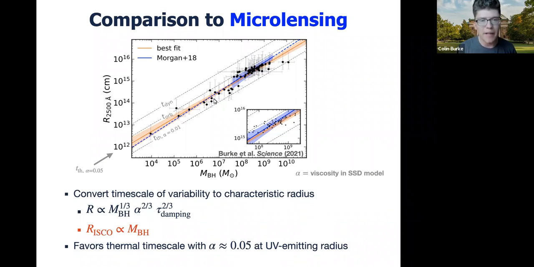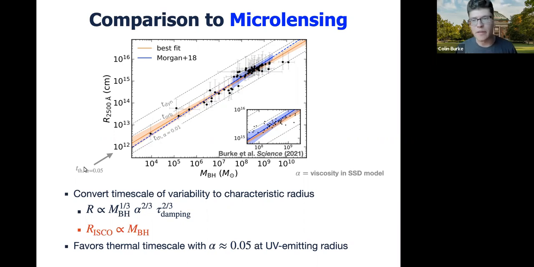So what we found is that plotting the same data, this time for radius, and assuming fixing the value of alpha to 0.5, we found that our trend, our correlation, matches the constraints from Morgan 2018, which are microlensing observations used to derive AGN accretion disk radii. So the microlensing constraints are shown in blue, and our correlation, assuming alpha of 0.5, is shown in the data points there, and with the best fit power law model.